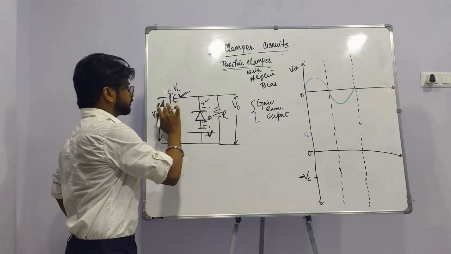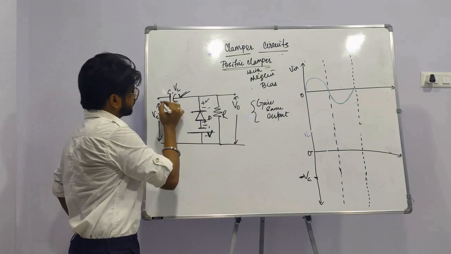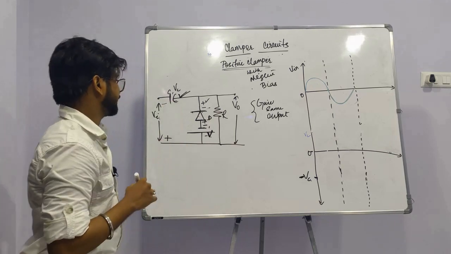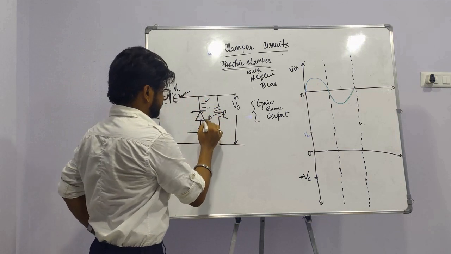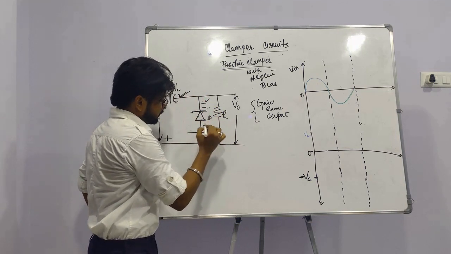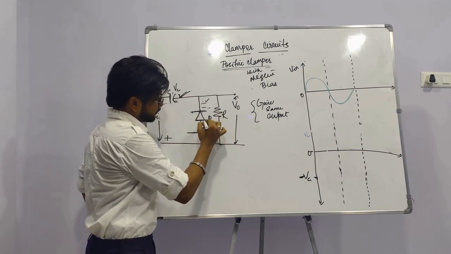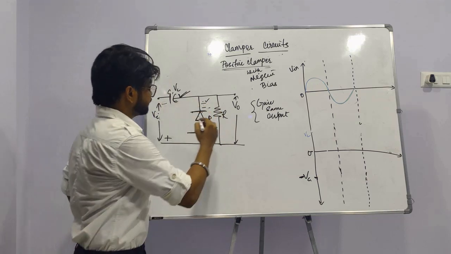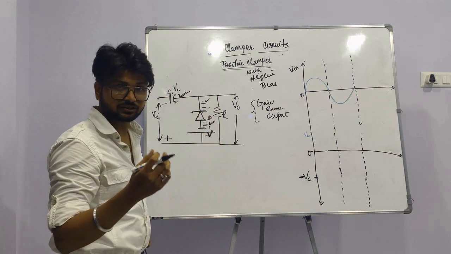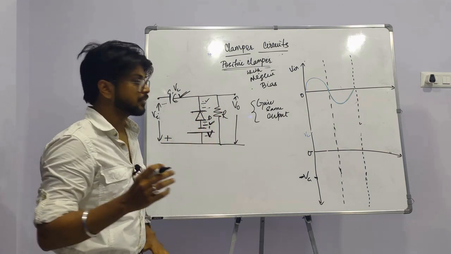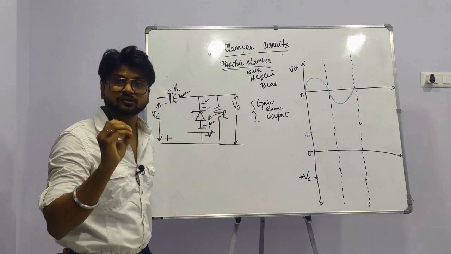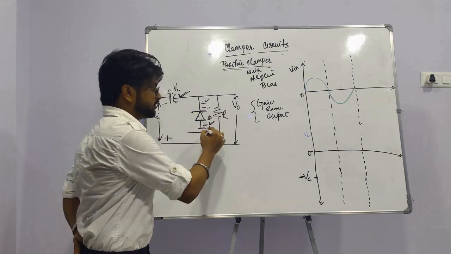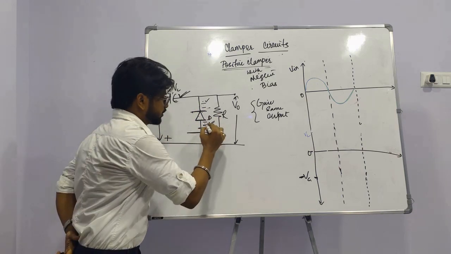Now talking about the negative half cycle. In the negative half cycle, the input is negative at the negative of the diode, and the DC voltage is also negative. So both are negative, but the input negative is higher in the initial stage. Therefore, it remains in reverse bias condition for a certain instant, as I said in clipper circuits.